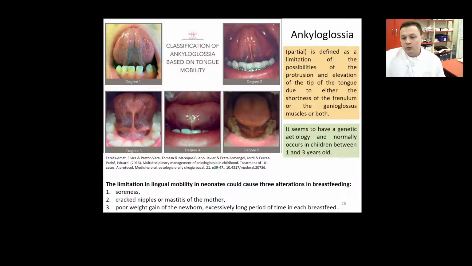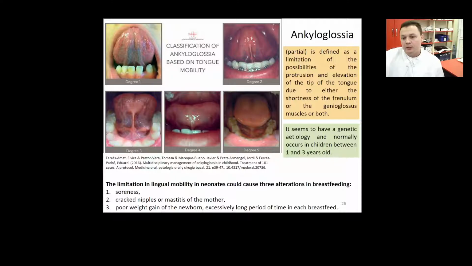Its diagnosis is clinical and functional. It is considered that there is a hypertrophic lingual frenulum where the tongue mobility is reduced. The limitation in lingual mobility in neonates could cause 3 alterations in breastfeeding: soreness, cracked nipples, and mastitis of the mother; poor weight gain of the newborn; and excessively long periods of time in each breastfeed.